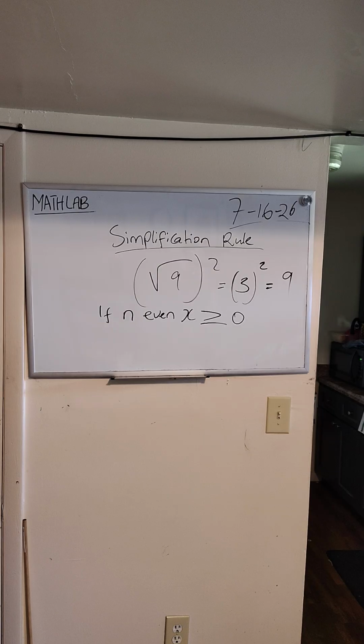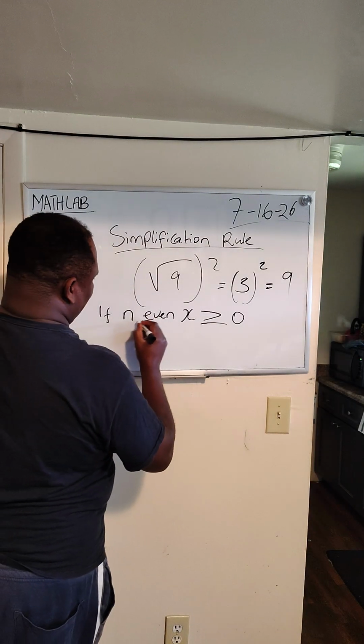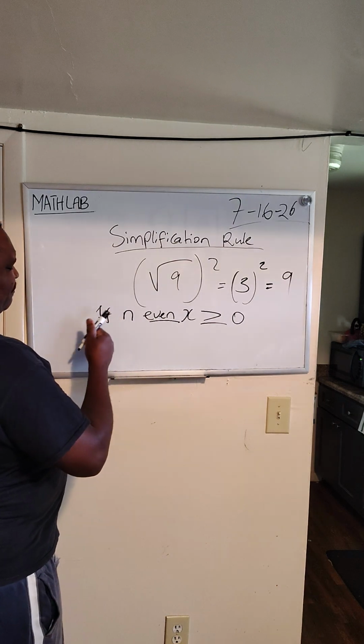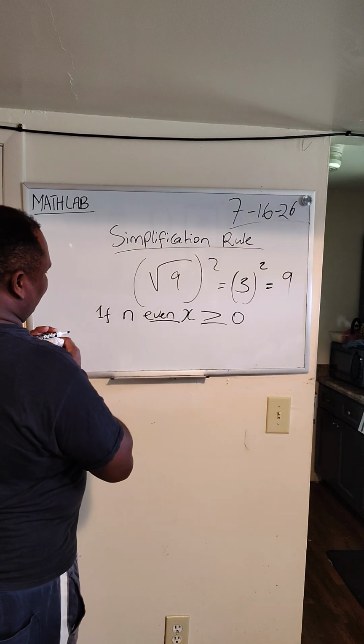If x is greater than or equal to 0, then that means the number given would be even.